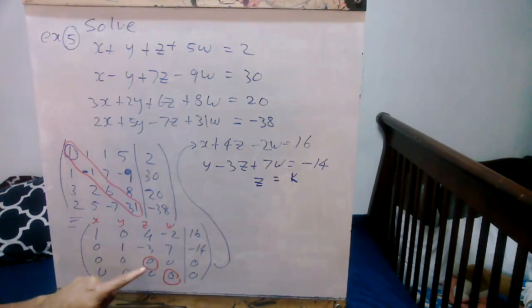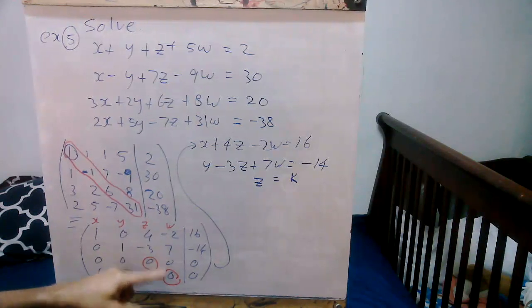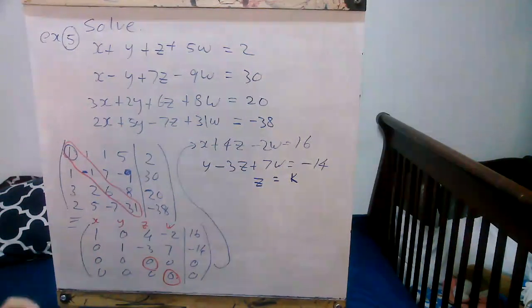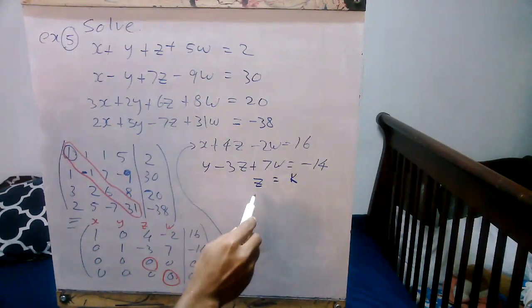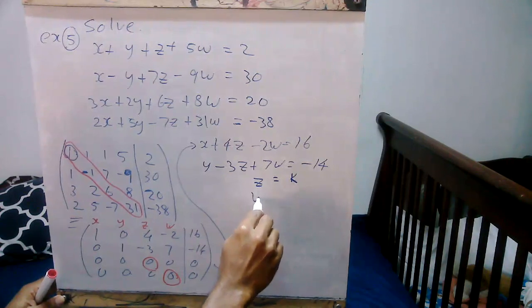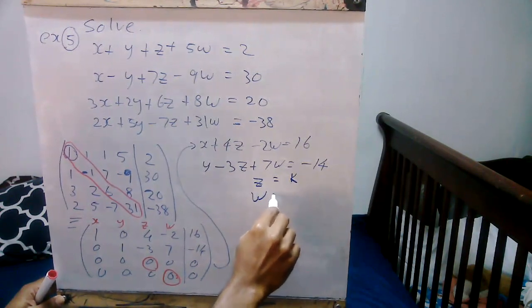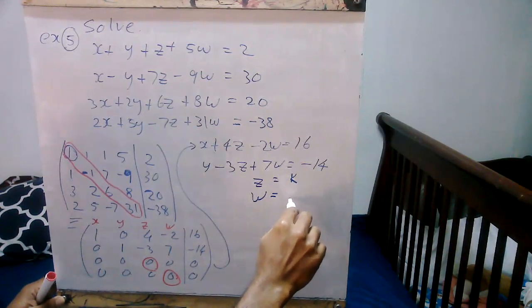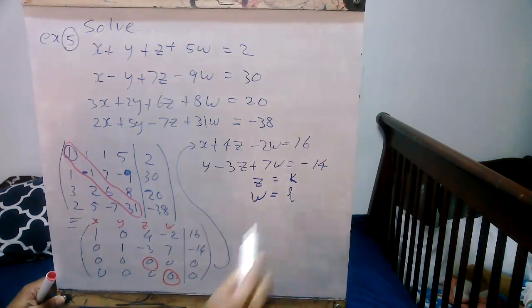If we had 1 here, we could get w, but there is no 1. Instead we have 0 here, therefore we have to assign an arbitrary constant for both z and w. That's the reason why I picked this question. Okay, this is L, right?